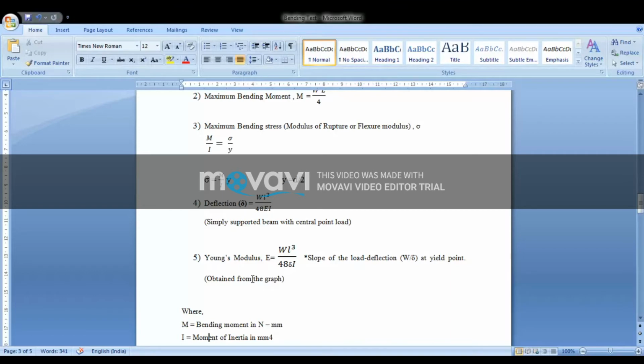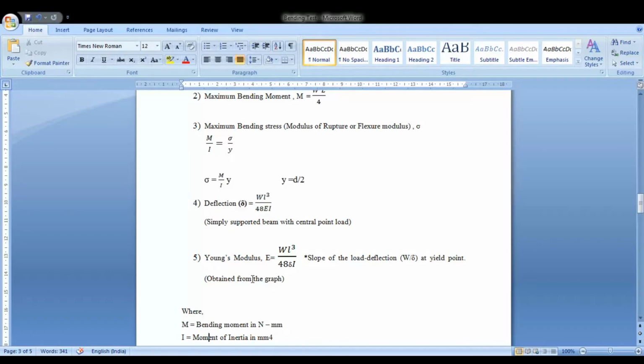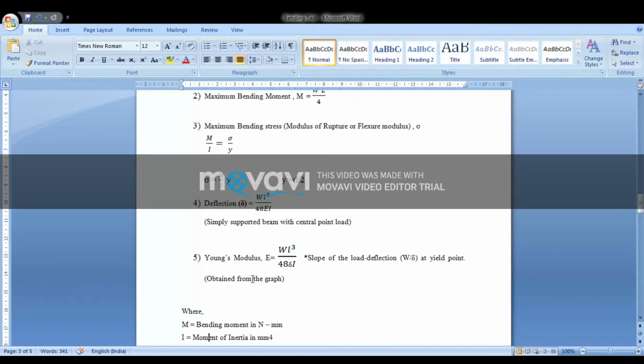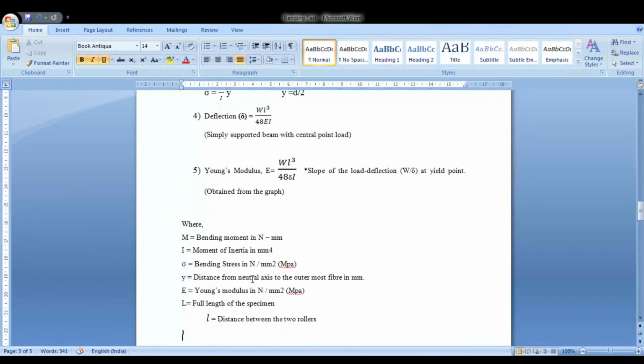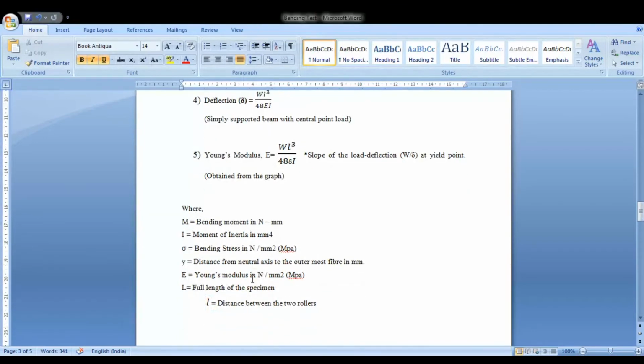By modifying this deflection equation, E equals WL cubed by 48 delta I. In this, the ratio W by delta is the slope of the load deflection graph in the elastic range. That is obtained from the graph, and this value is substituted in the equation to finally get the E value.